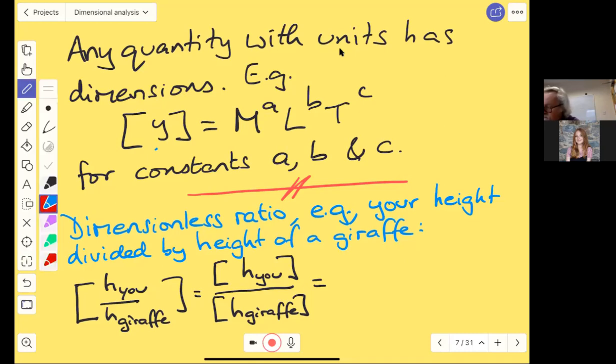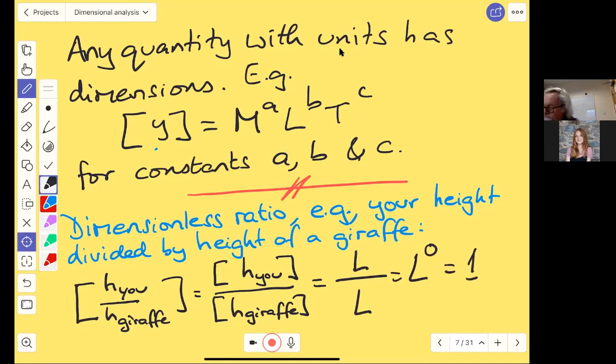And the numerator is your height, that's a length, so it has dimensions of length. The denominator is the height of a giraffe, that's also a length, it has dimensions of length. And that is L to the naught, L to the 1 minus 1, which is 1.